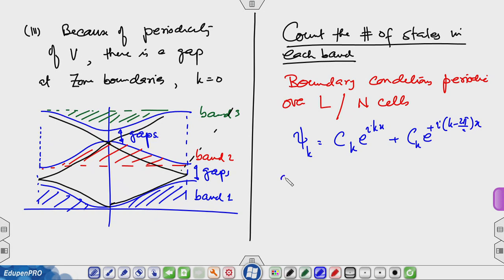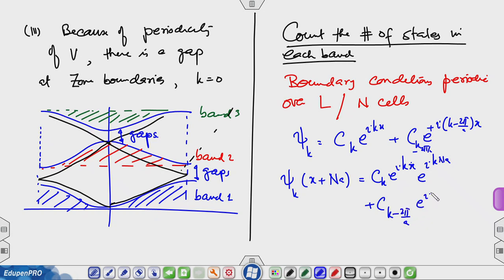If I apply the boundary condition over L or over n cells, I am going to have this as c k e raised to i k x e raised to i k n a plus c k minus 2 pi by a e raised to i k minus 2 pi by a x times e raised to i k minus 2 pi by a n a.